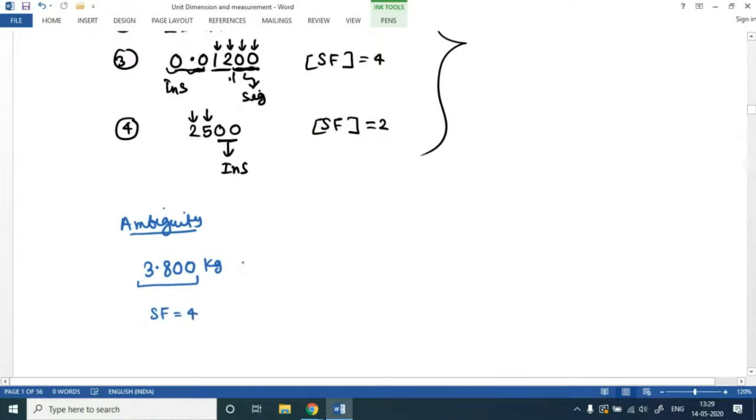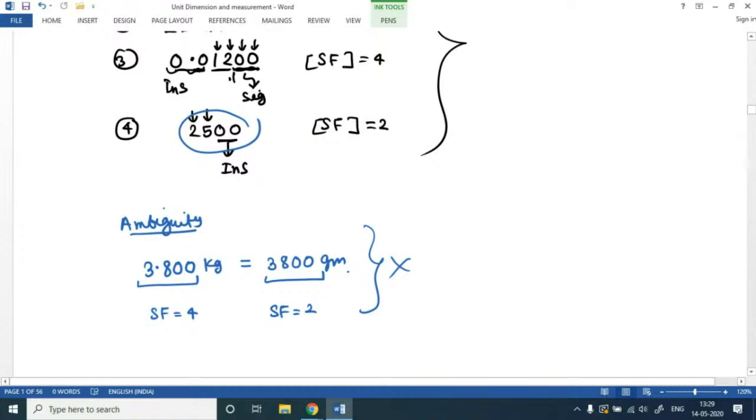But try to understand, if we represent it in gram, it would be 3800 gram, and according to this rule, just by converting units we have reduced the significant figures to 2. So that cannot be the case. So this is basically the ambiguity.